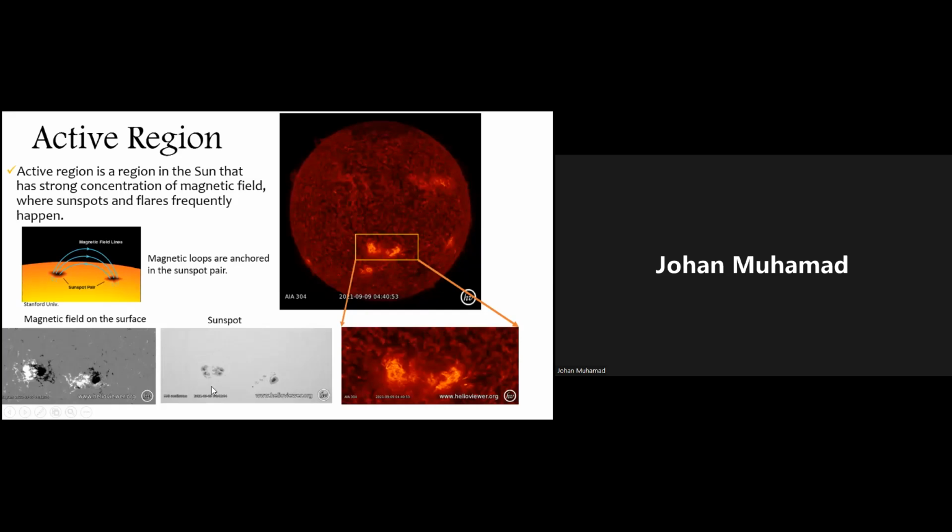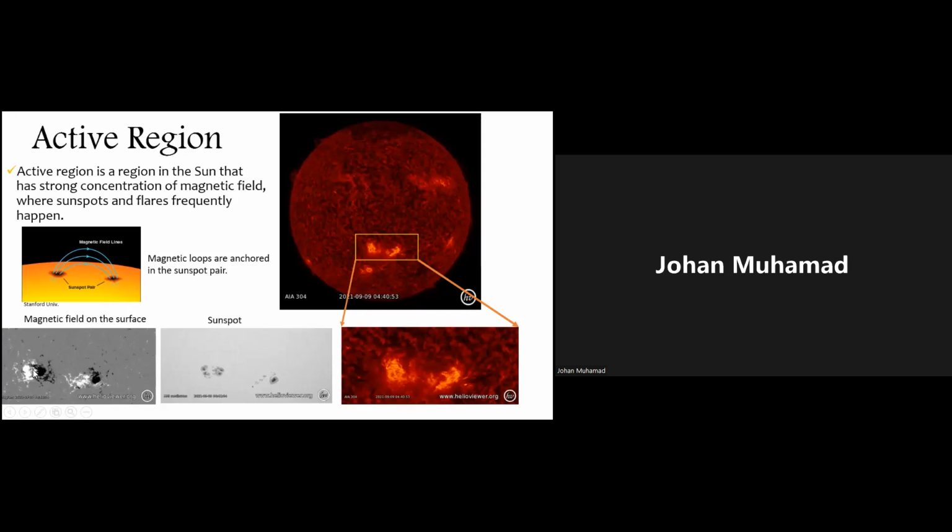frequently happen. Because it has a strong concentration of magnetic field, here is the observation of the solar surface from magnetogram data, where we can see the magnetic field strength on the surface of the sun. Then we can see that right in the region where sunspots appear, there's a strong concentration of magnetic field.